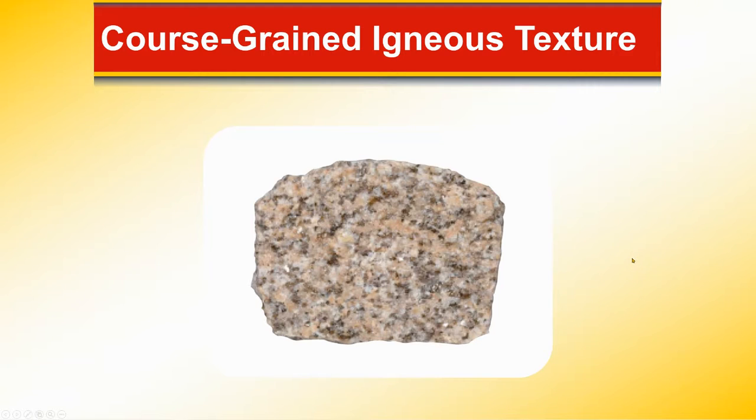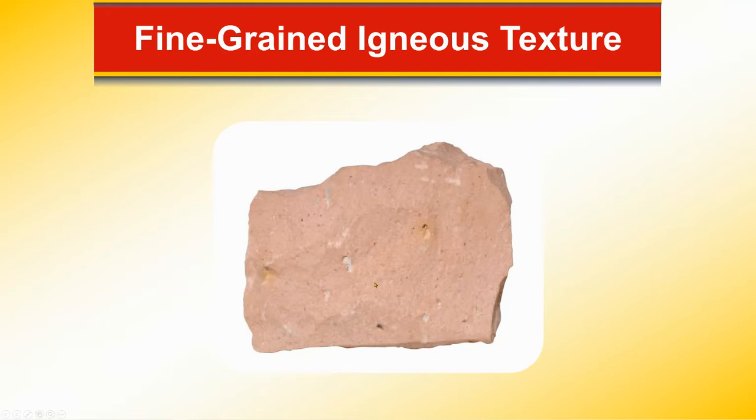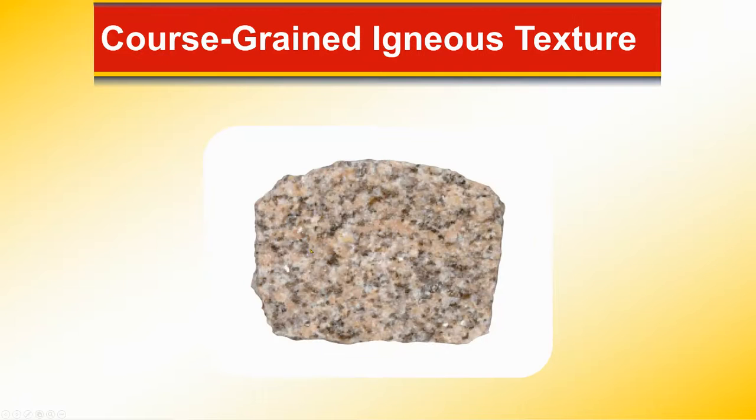These two rocks we're going to look at here are made up of the same exact minerals. The difference here is this one had a longer time to cool. That's why the crystals are larger.